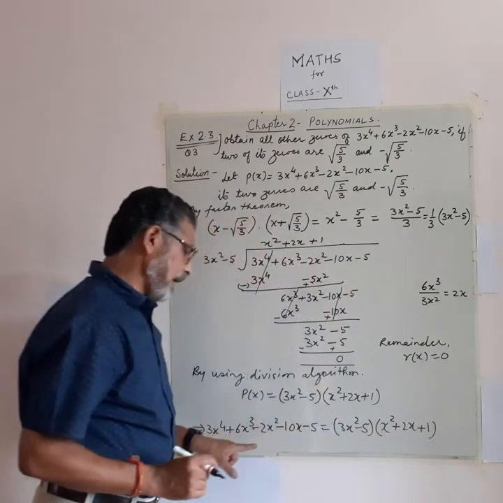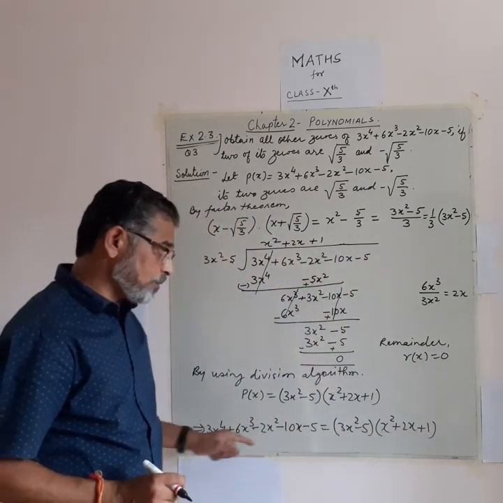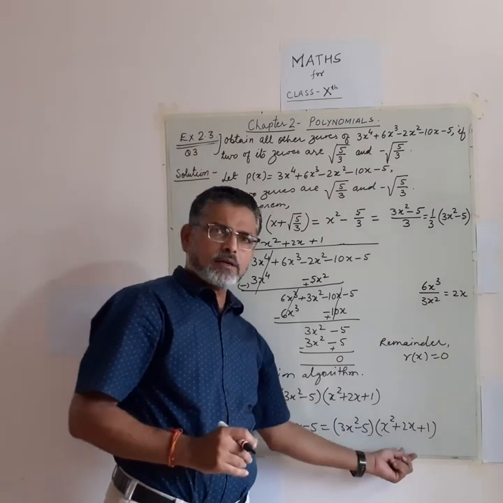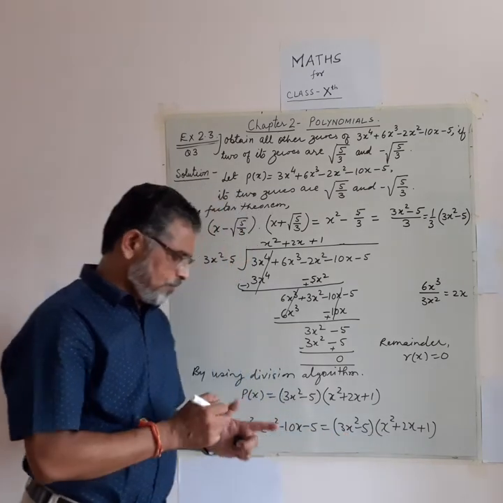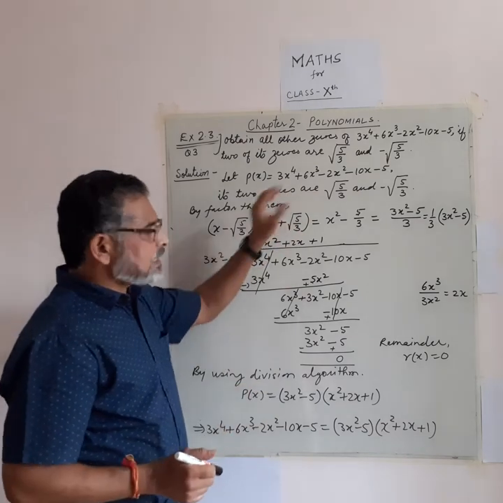Now we get the two factors of the degree 4 polynomial. We get two quadratic factors. Now we have to find other zeros.